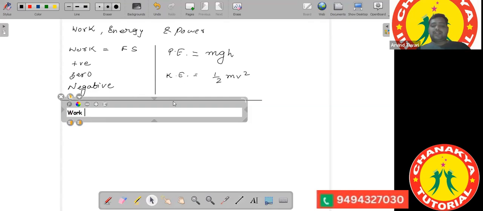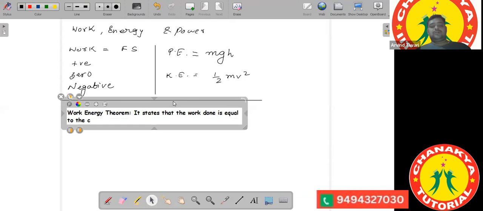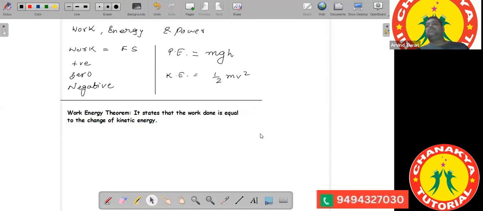This is the statement of the work energy theorem.